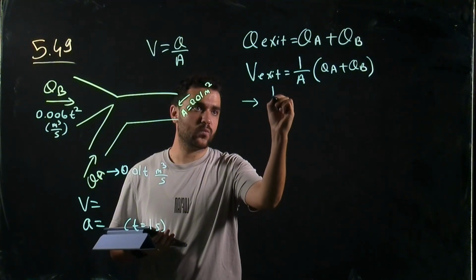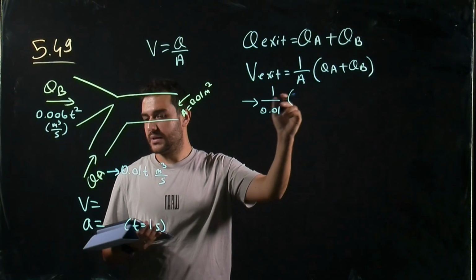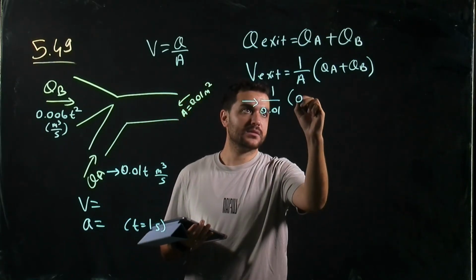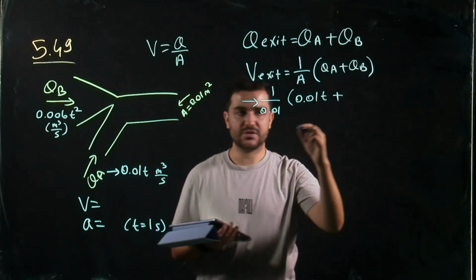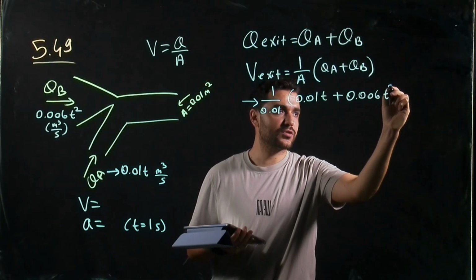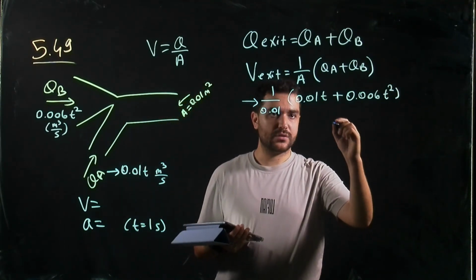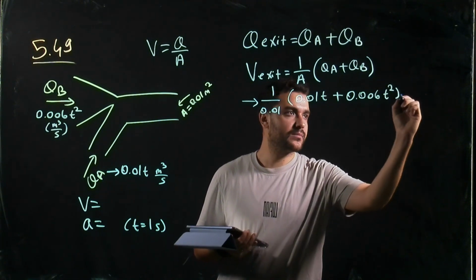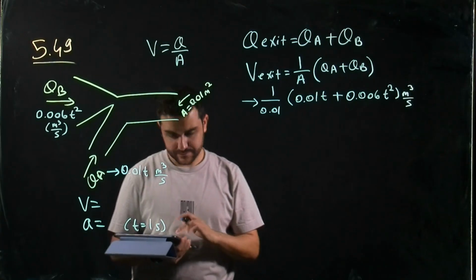So we get 1 over 0.01 times 0.01 t plus 0.006 t squared, and these are all in cubic meter per second.